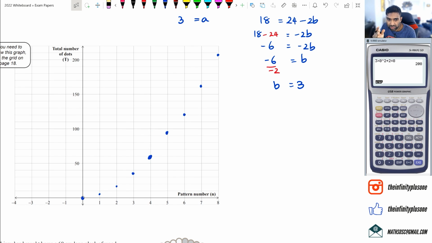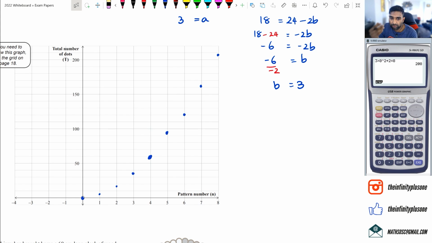That means you shouldn't join this graph at all. You should just leave them as dots, including negative values. If you were to put a continuous line, like if we draw a line on it, this question becomes an achieved straight away.